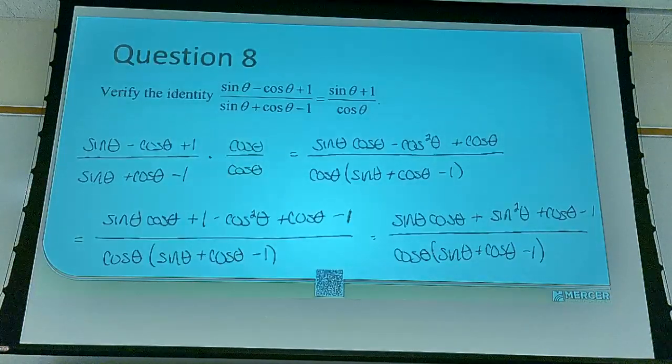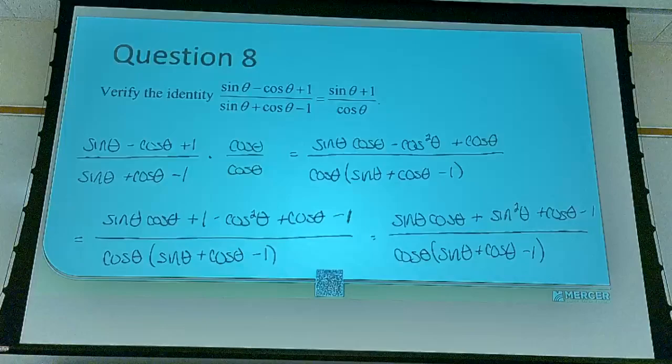This direction is definitely a lot tougher to see than the other direction. I want to add 0 again.